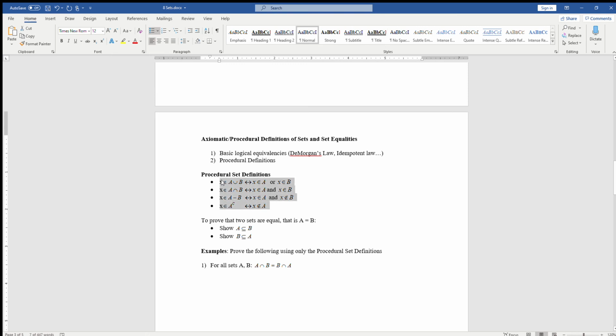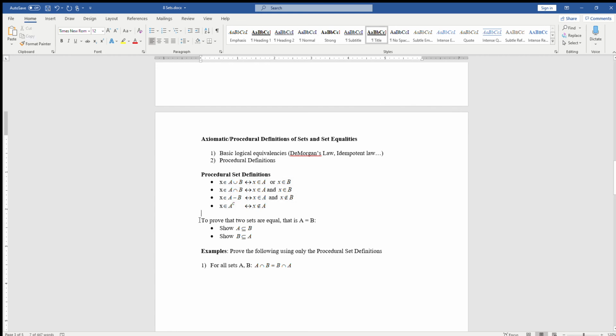X is an element of A union B if X is an element of A or X is an element of B. X is an element of A intersect B if X is an element of A and X is an element of B. For set difference, X is an element of A minus B when X is an element of A and X is not an element of B. And finally, X is an element of A complement when X is not an element of A. These are 4 of the most fundamental procedural definitions that we need to know to be able to do any proofs with respect to basic sets.